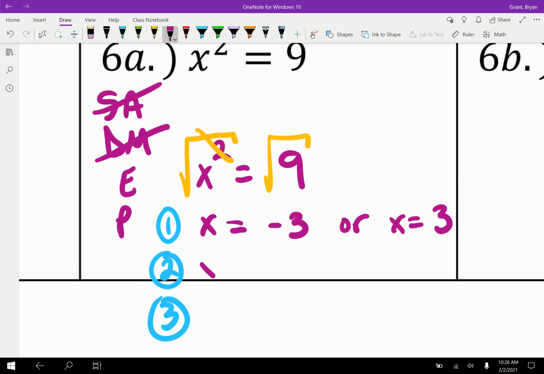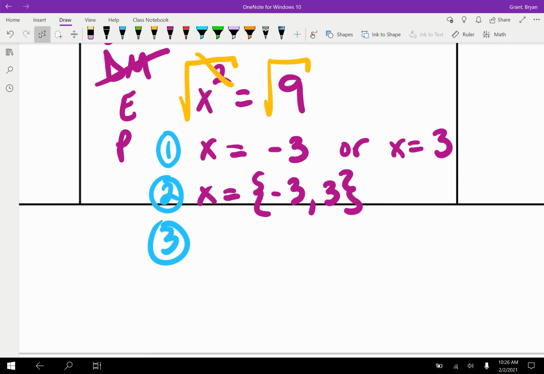The slightly faster way is you can use those curly braces over here, and we can do -3, 3. And so that's just listing out the answers. There's 2 answers. But maybe the fastest way and the most common way is if you get 2 of the same answer, you list it like this. You say x equals plus minus 3. A lot of times you'll see that in the curly braces as well.